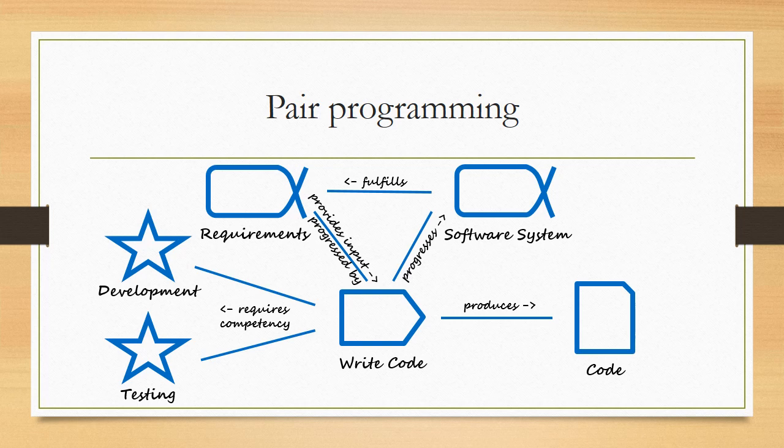Writing code produces the actual code itself, but it also progresses the software system. The software system, in turn, fulfills the requirements. So, there you go. That's how we could apply the Essence language to describe pair programming.